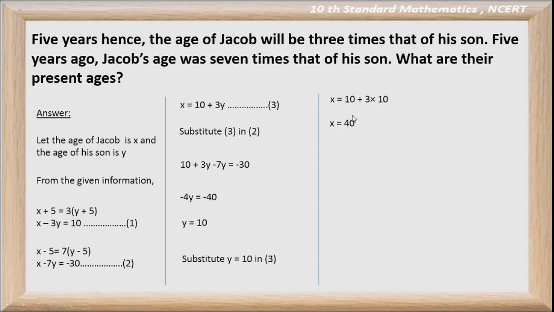So x equals 40. 3 into 10 is 30, and 30 plus 10 is 40. Hence, the present age of Jacob is x, which is 40. And the age of his son is y, so we got y equal to 10. So the present age of his son is 10 years.